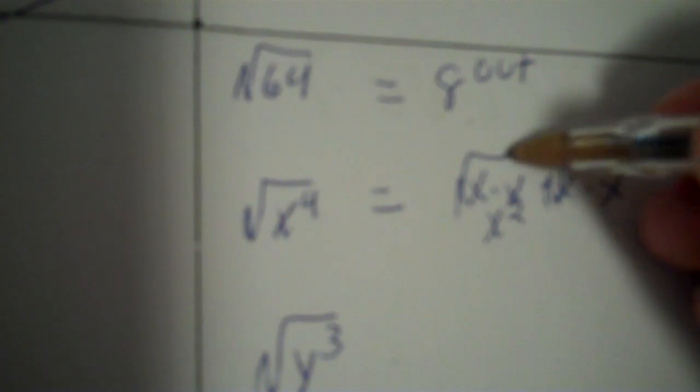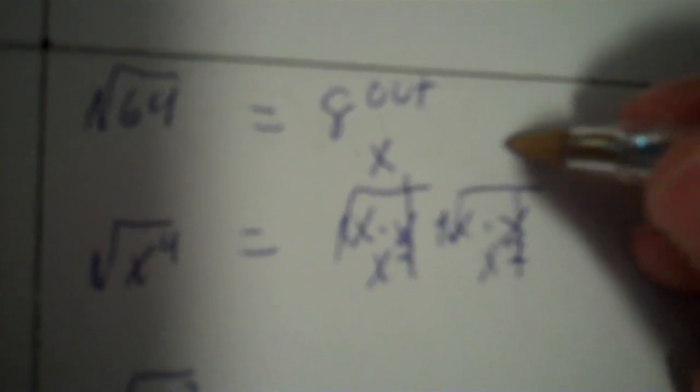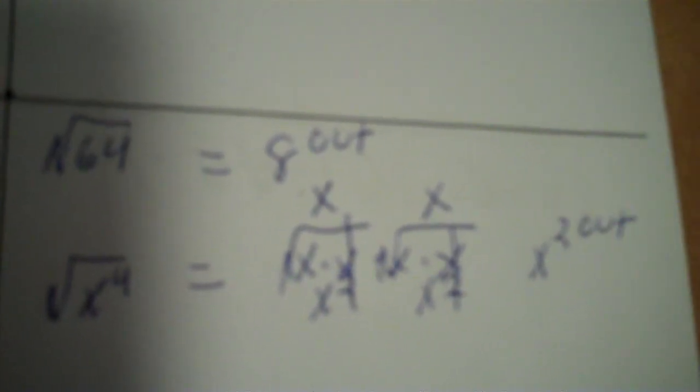Because x times x is x to the 2nd. So the square root and the 2nd power cancel, giving me a full factor of x. And the same thing here. So that's 2 full factors of x, x to the 2nd. There's no square root, so that's going to go out. Okay. So far, we're going to have an 8 out and an x to the 2nd out.